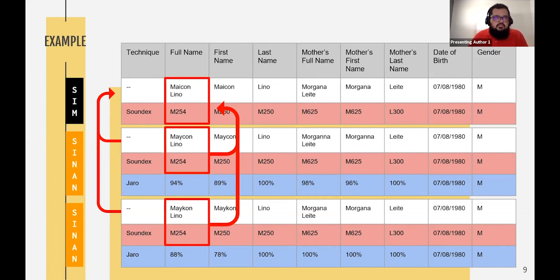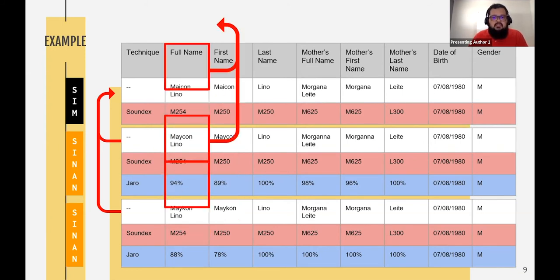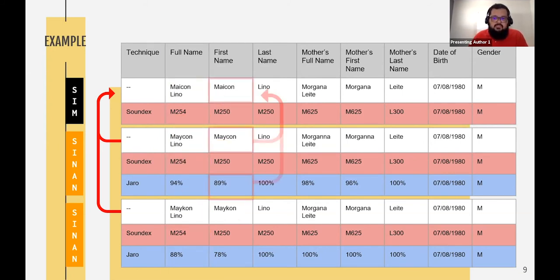In the Jaccard technique, we used an 85% threshold. So if any of the columns have similarity equal to or greater than 85%, then we consider it a match for that column.